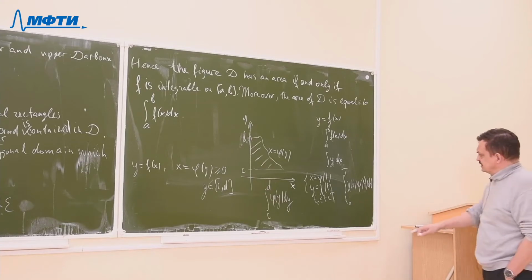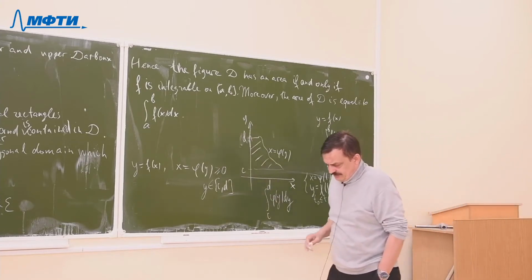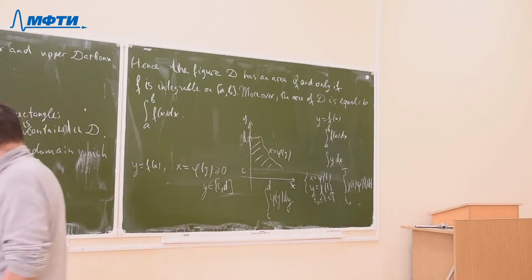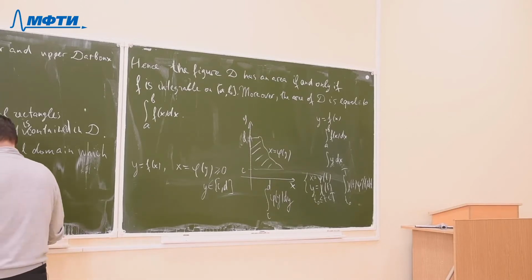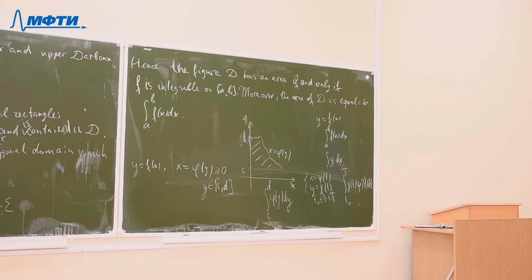So that is an example of how to compute areas of parametric domains. Maybe I will not talk about it more at the moment. So let us consider another example. So another example is computation of areas in polar coordinates. So that is still in this section.